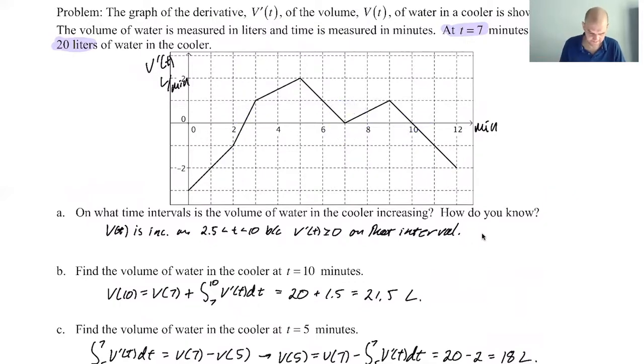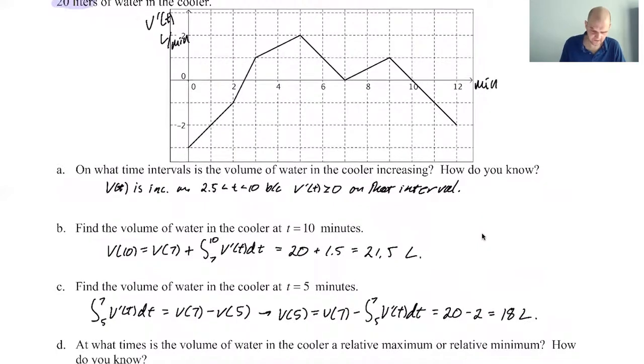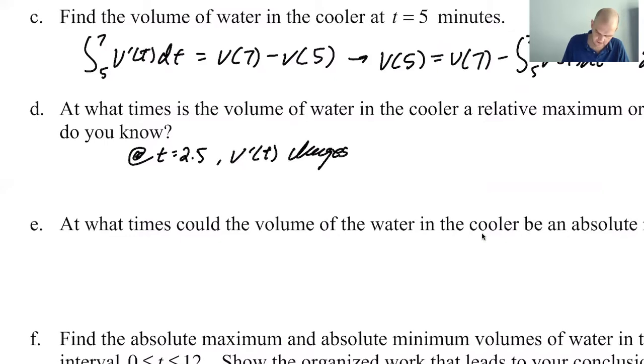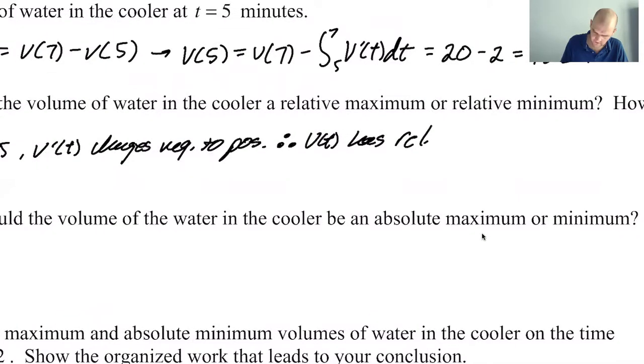So at t equals 2.5, v prime of t changes from negative to positive. Therefore, v of t has a relative minimum at t equals 2.5.